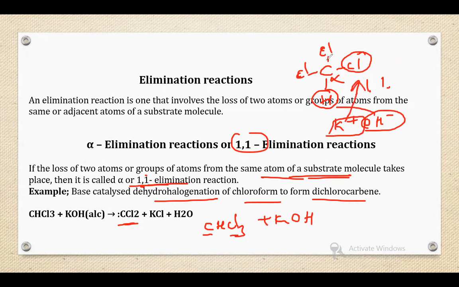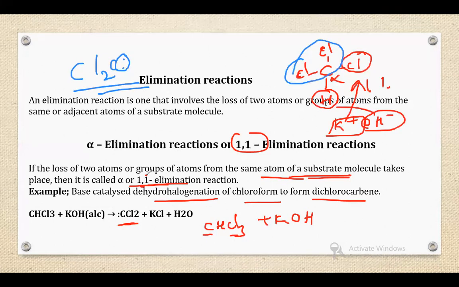What is left behind is carbon with two chlorines, Cl2C, with a lone electron pair, which is dichlorocarbene, CCl2, with the formation of KCl and H2O as byproducts.